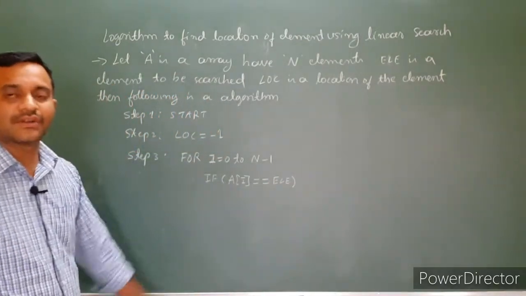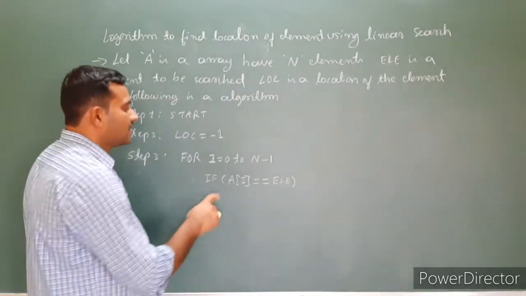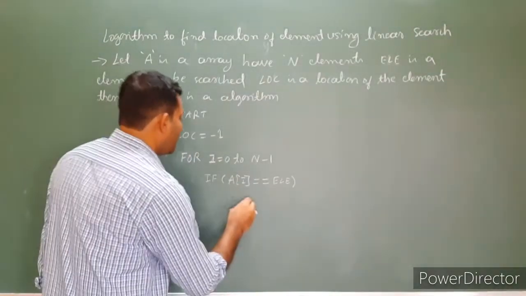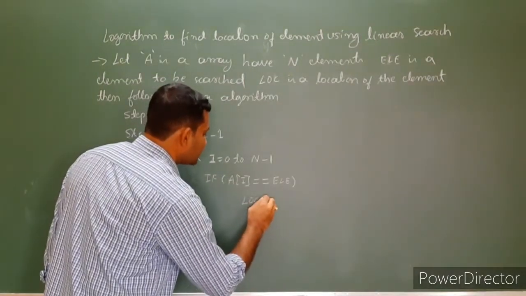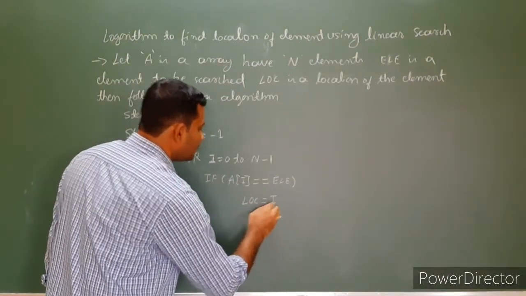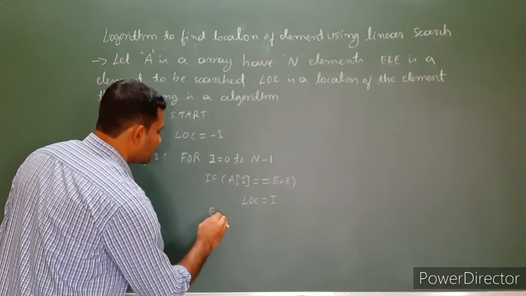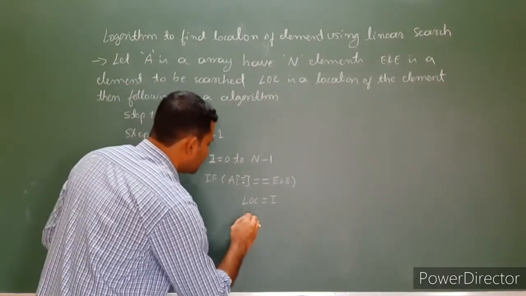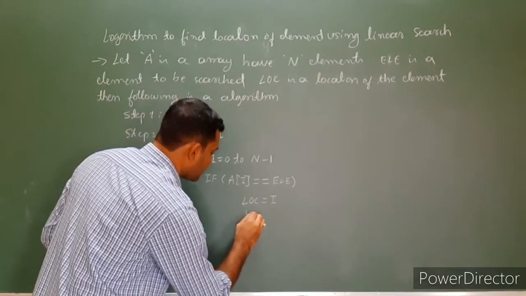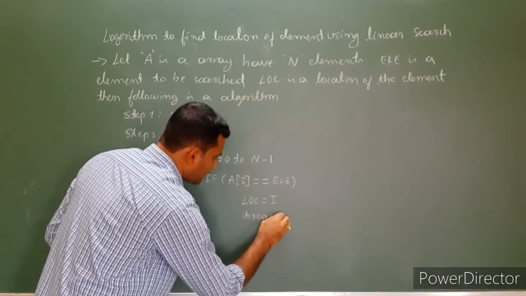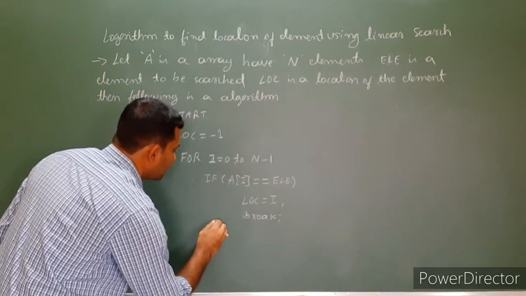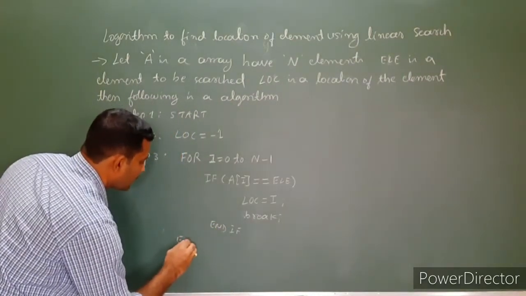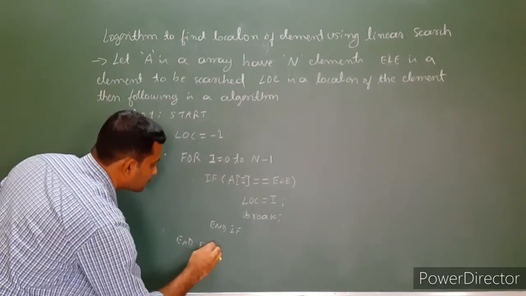If it is true, meaning the element is found, then assign the location, that is, location equals I. At the same time, if the location is found, then insert a break, then end if and end for.